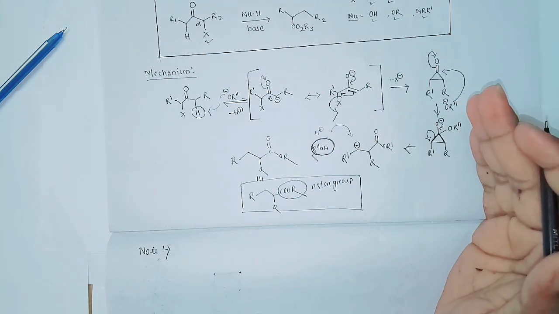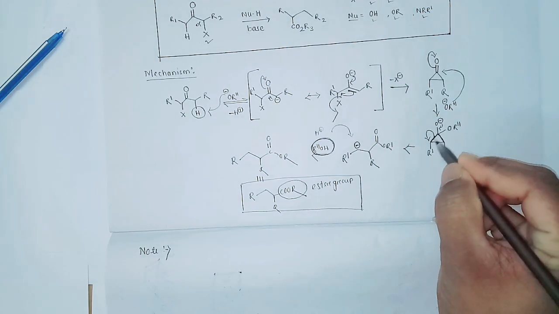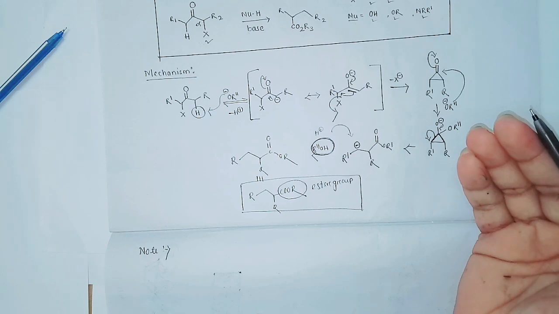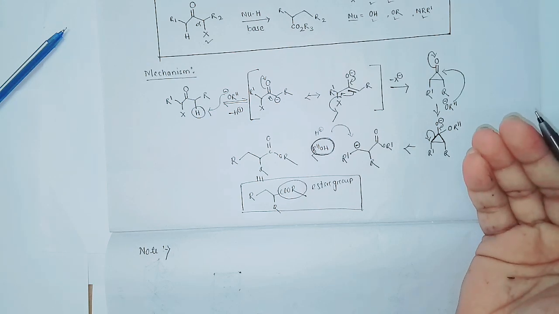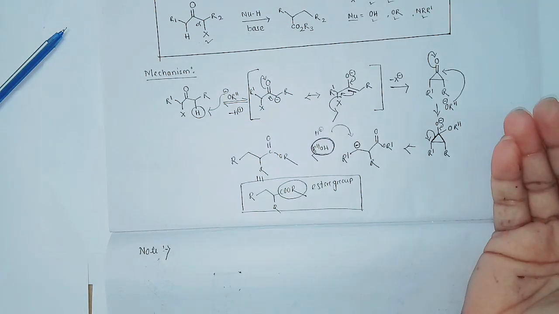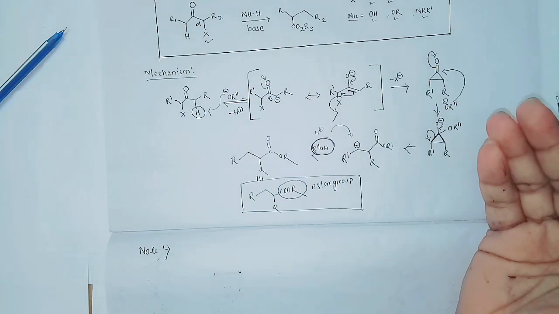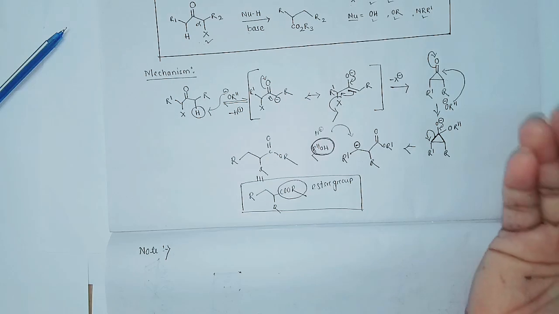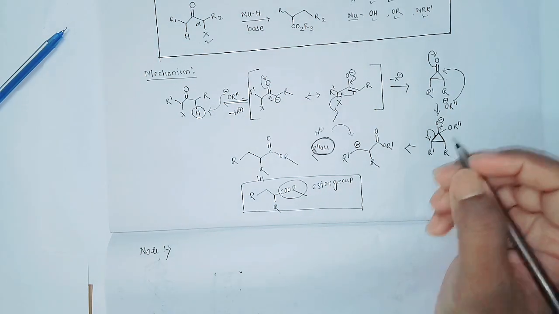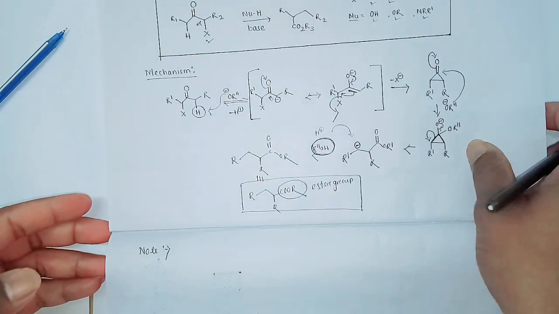So when the bond breaks, then we get a carbanion. If that carbanion is more stable, then that product will be favorable. So that product will be called the more stable product. Okay, let's take some examples to understand.